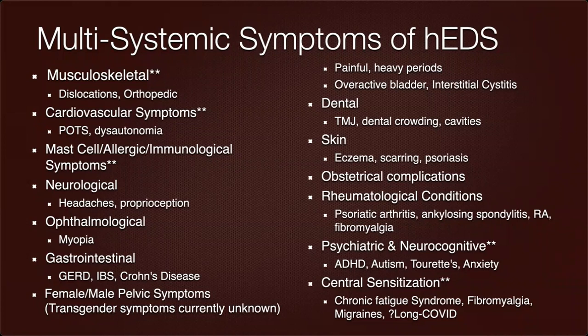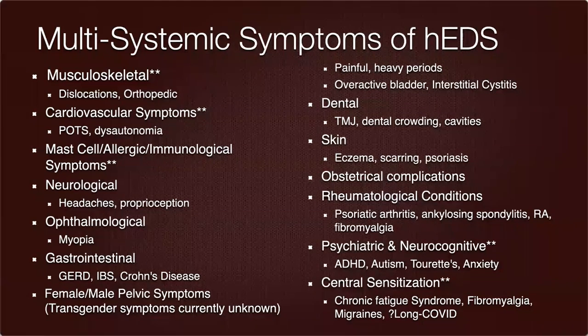Crohn's disease has been increased, and possibly ulcerative colitis, so I'd say IBD in general. In the more pelvic or reproductive symptoms, painful, heavy periods are very common. Overactive bladder. There are more studies on males with hypermobile EDS, and they may be more prone to prostate hyperplasia.